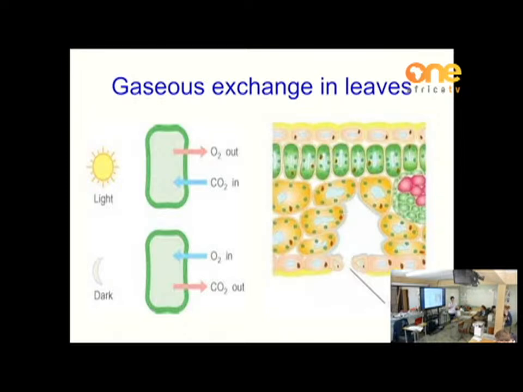not only as a surface or a structure where photosynthesis is taking place, but it needs to be a gaseous exchange surface, a leaf. Why is this important? Which gases are important for a leaf in order to function?